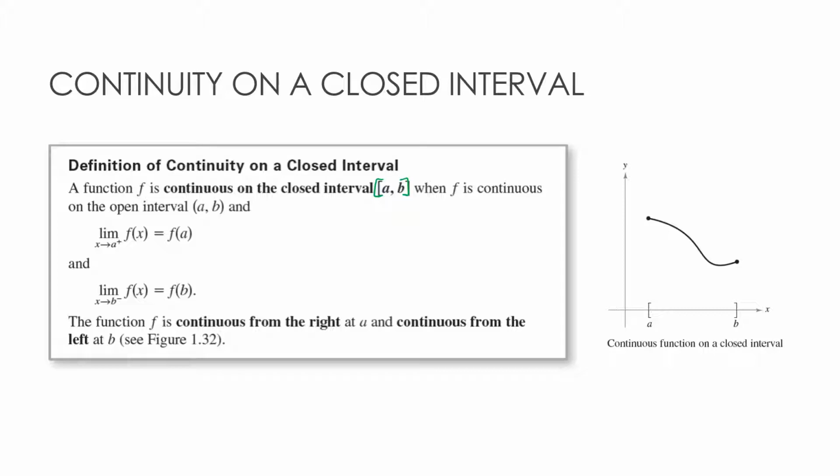If it's continuous on the open interval (a, b), whatever those endpoints are, then it's continuous on the closed interval, assuming that the way the function is defined at the left endpoint is equal to the limit at that point, and the same thing for the right endpoint. Whatever the function is defined as at that point is equal to the limit as we approach that point: the right-hand limit for the left-hand bound and the left-hand limit for the right-hand bound.